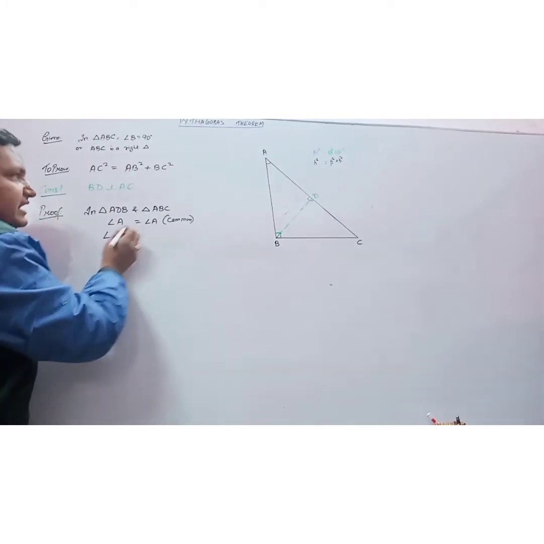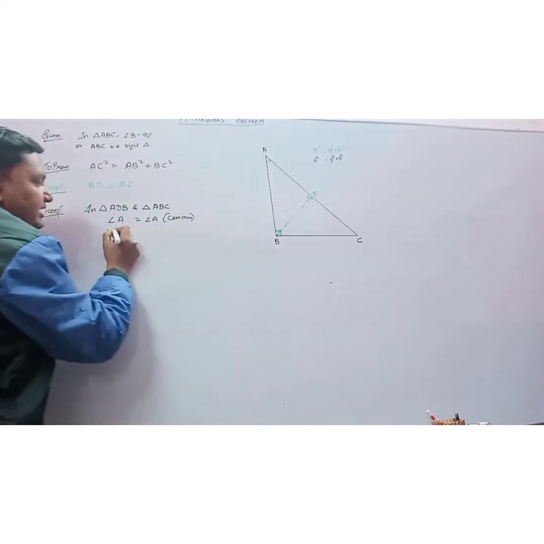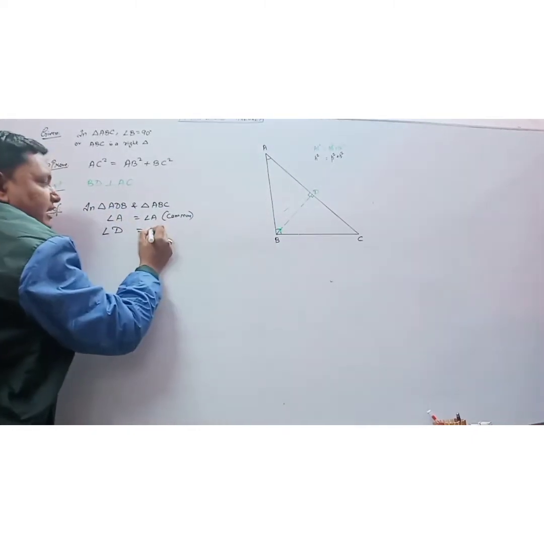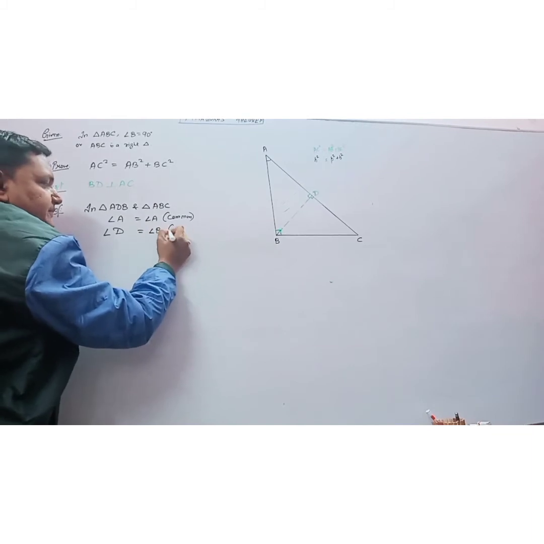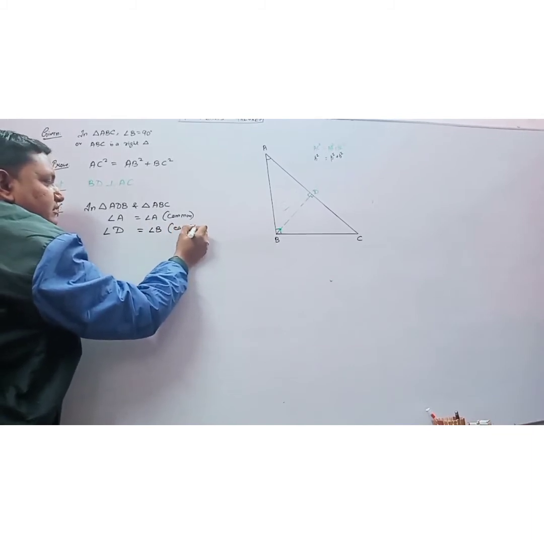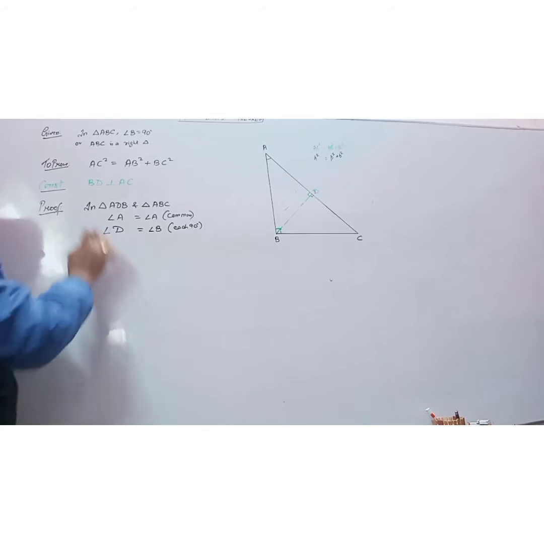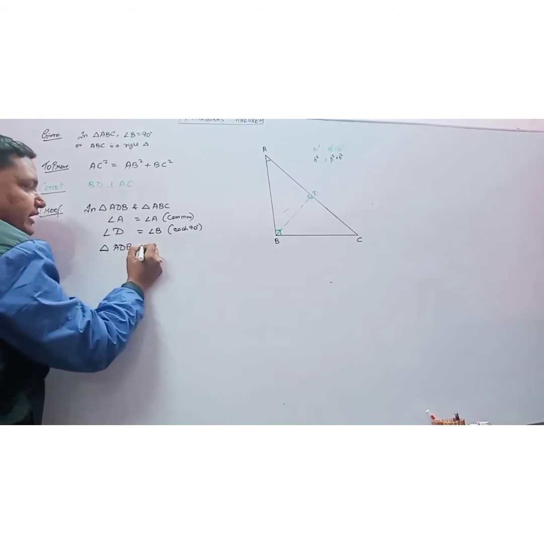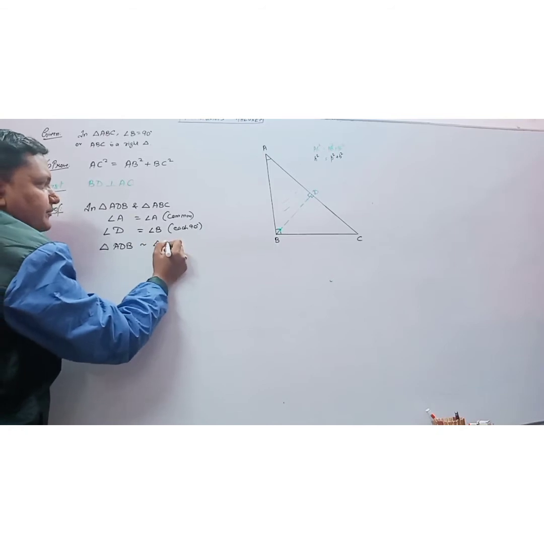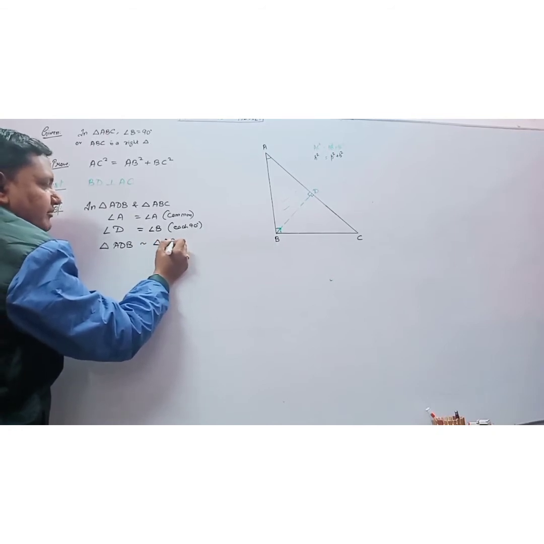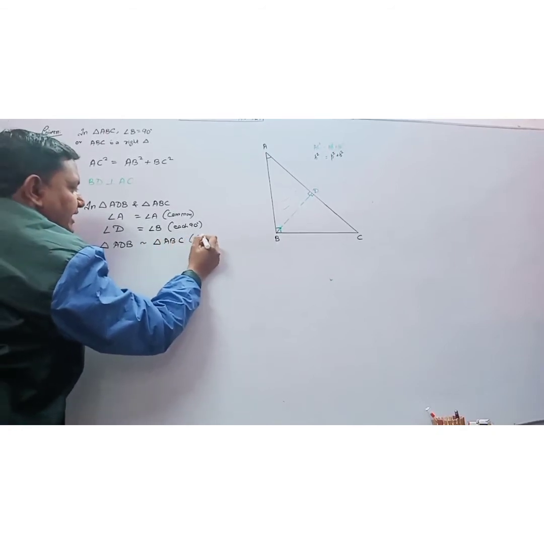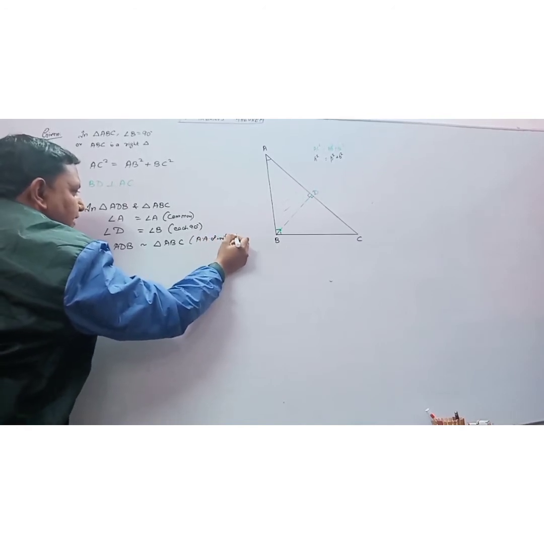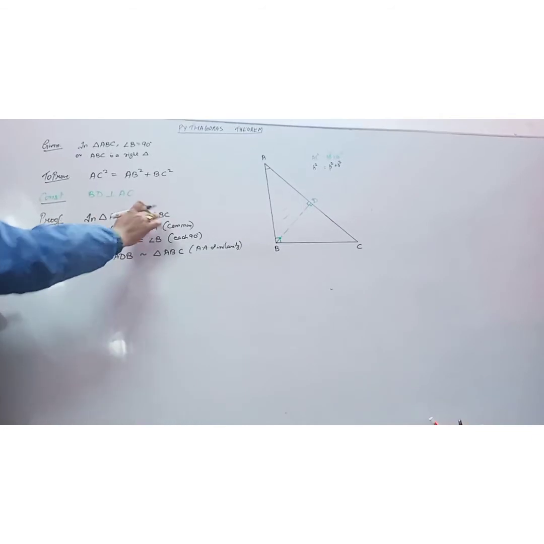After that, in triangle ADB we have angle D 90, and in triangle ABC we have angle B 90. Each 90. So we have two angles. Now we can write triangle ADB is similar to triangle ABC by AA similarity.